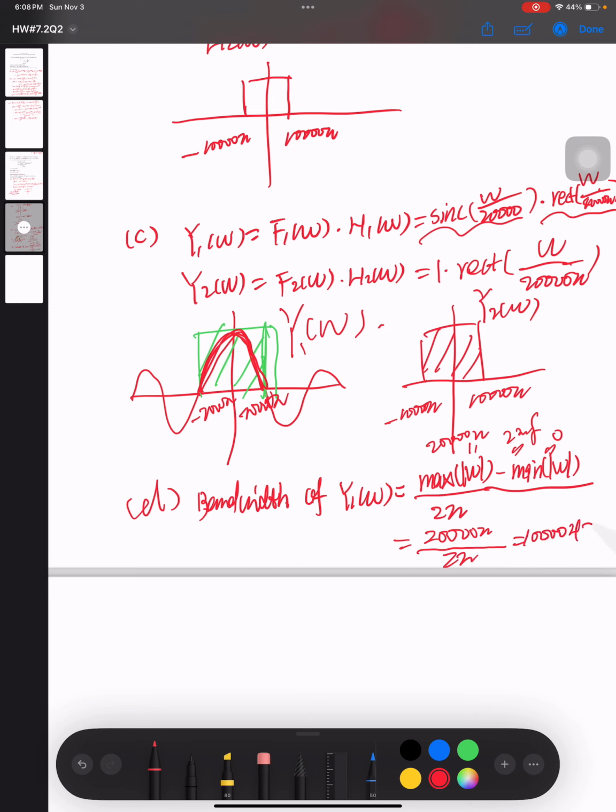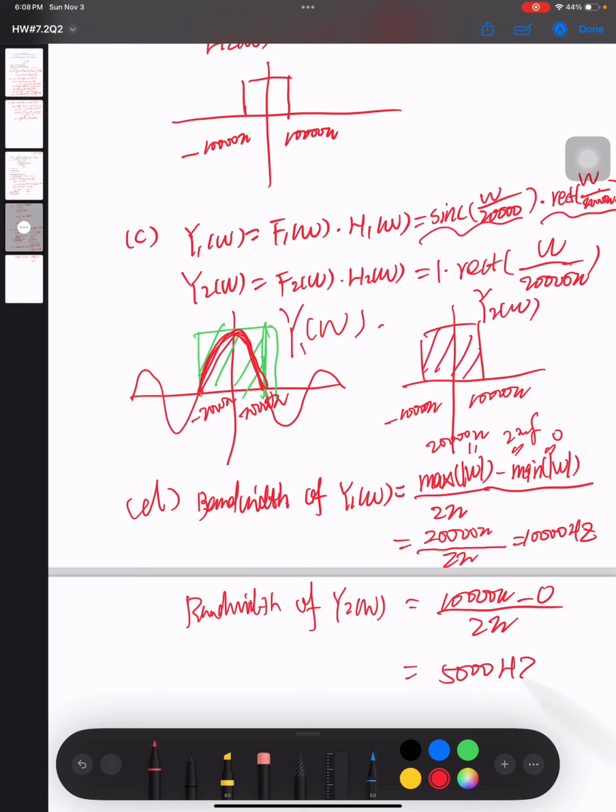And the bandwidth of y2 omega is similar. The maximum value is 10,000 pi and the minimum value is 0, so over 2 pi, it's 5,000 hertz.